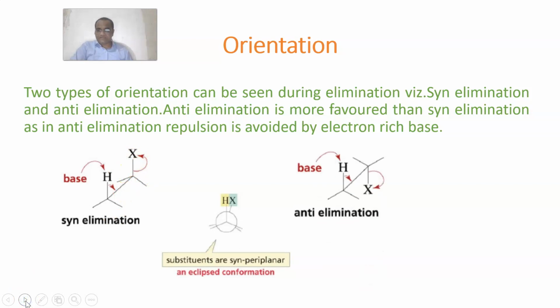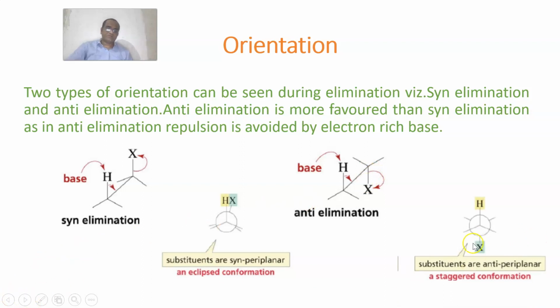Now the second type, that is anti-elimination. In syn elimination we have seen that both are in the same plane. In the case of anti-elimination, both groups, or we can say both atoms, are opposite to each other. We can see this in Sawhorse and Newman representation, and it is said to be a staggered conformation.